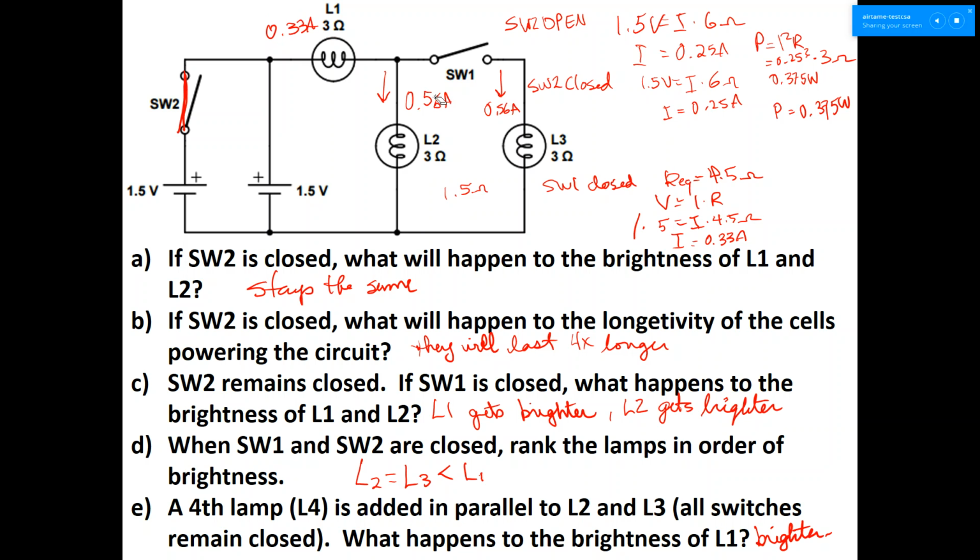And this one here goes to half of that. 0.33 amps is going to be 0.166 amps. Is this what you got? And so therefore the brightness for 1 gets brighter and 2 gets dimmer. Dimmer.